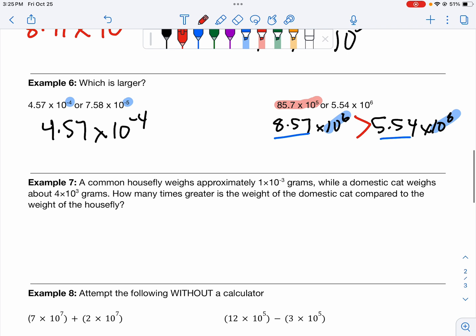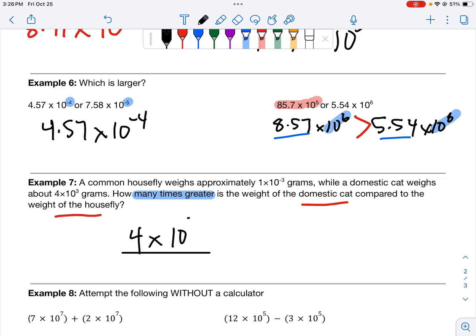All right. A common housefly weighs 1 times 10 to the negative 3rd, while a domestic cat weighs about 4 times 10 to the 3rd grams. How many times greater is the weight of the cat compared to the weight of the housefly? So how many times greater? We do division. Whoops, I wasn't even thinking. That doesn't go on top. The bigger number goes on top.